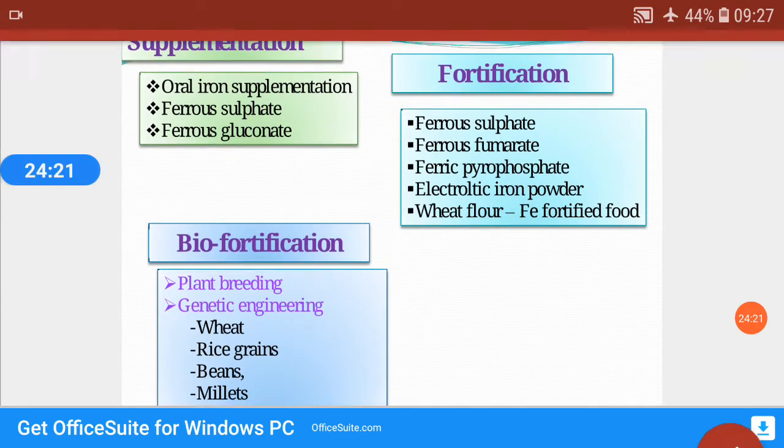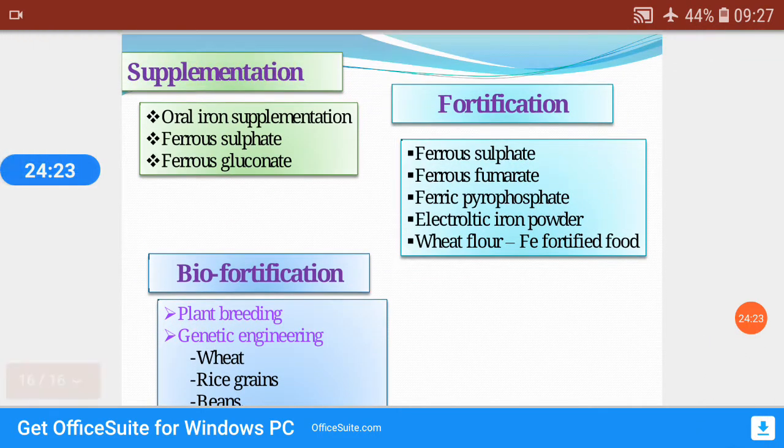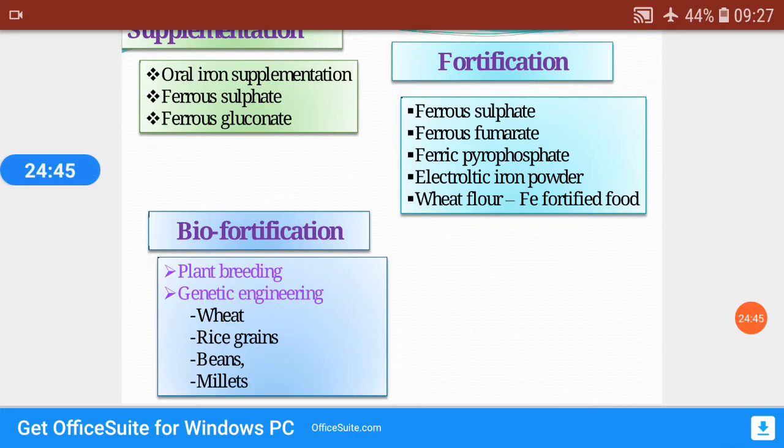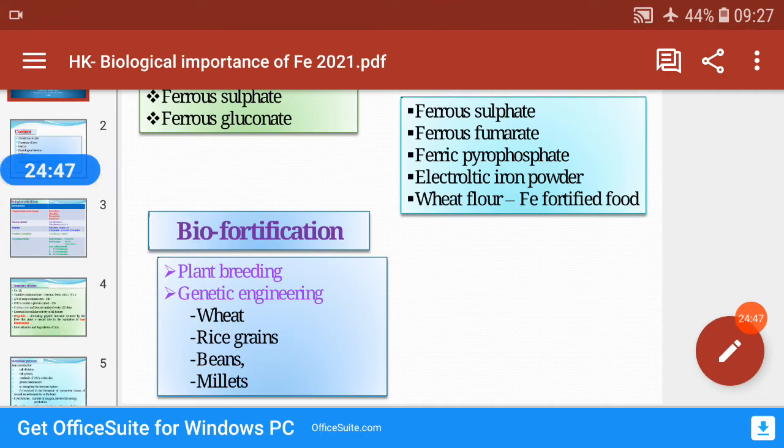So these are some of the medicines that are available in the market, wherein they have increased the content of iron in these food materials, as well as directly supplemented in the form of tablets. So this is all about the biological importance of iron.